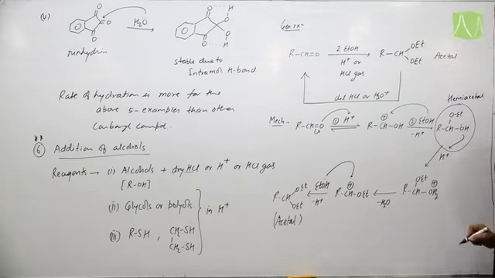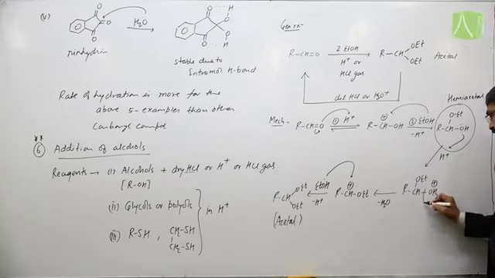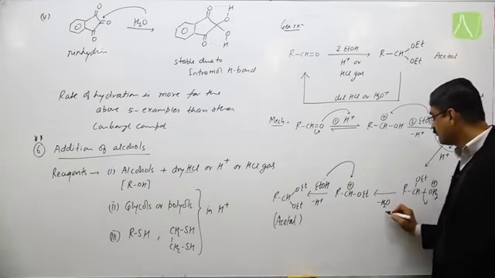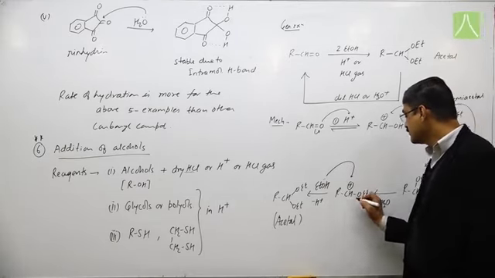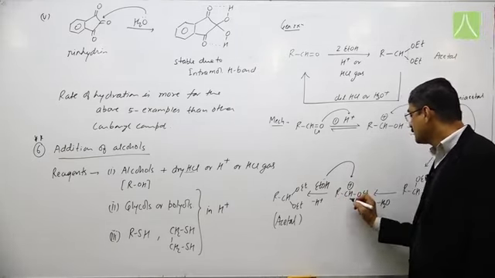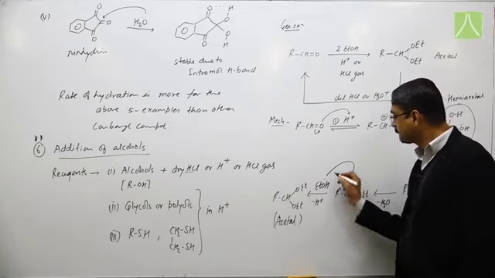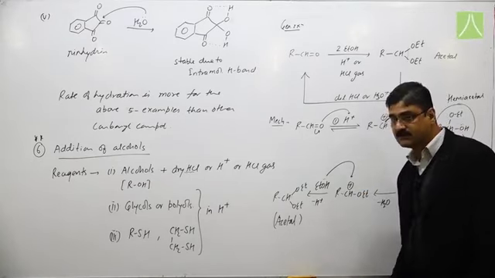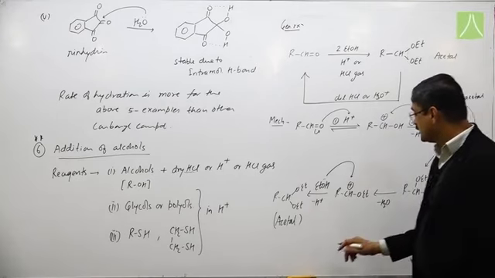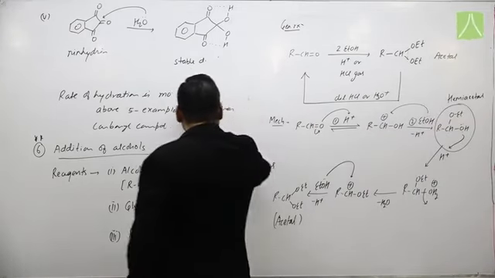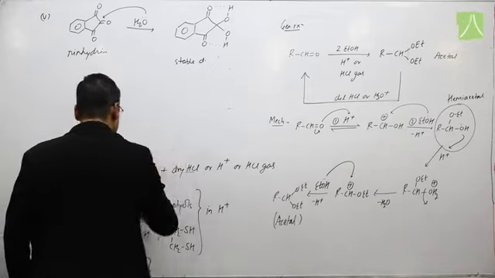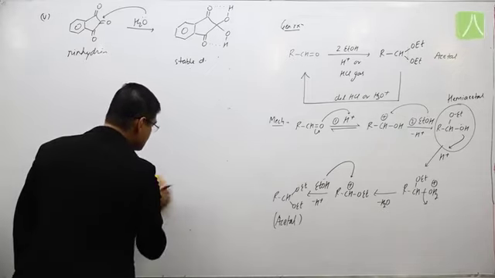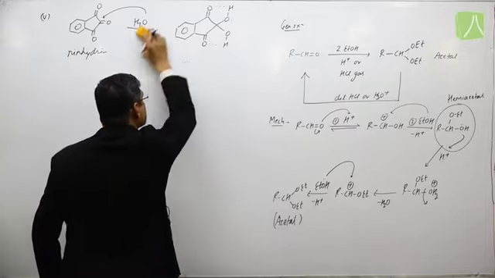It gains a proton, the OH group is converted into a good leaving group, and after removal of this water, the second carbocation is formed, which is also resonance stabilized. EtOH, the second molecule of alcohol, attacks this, and the acetal or ketal is formed. So in this step we gain the acetal, but in case of ketone, the ketals are the major products.